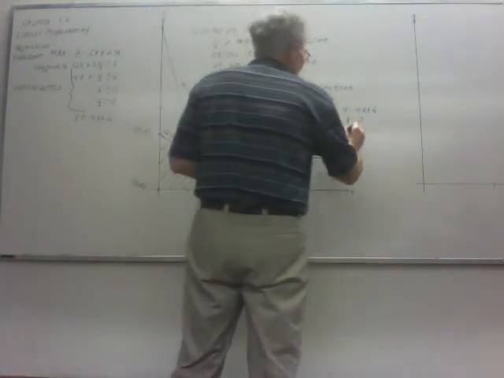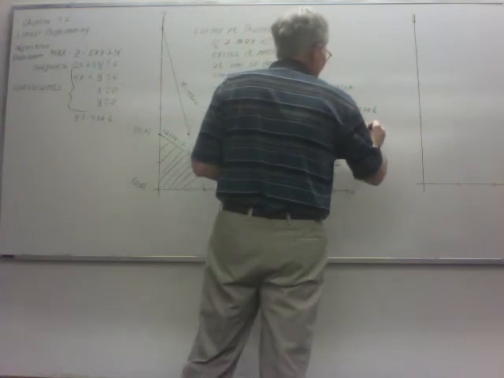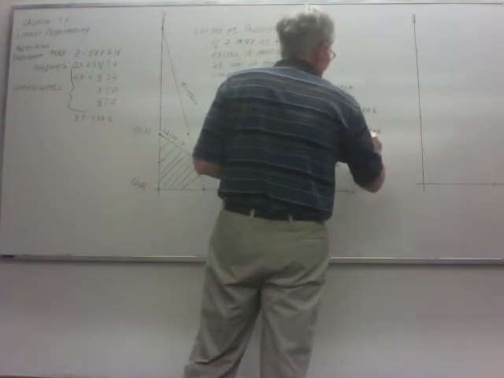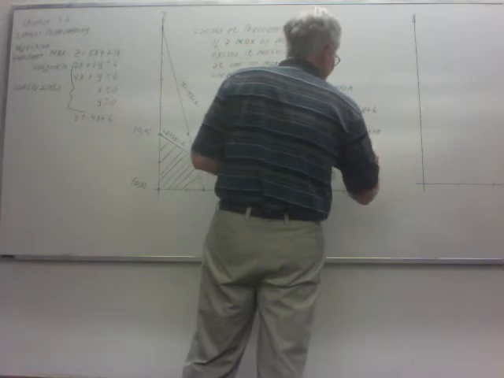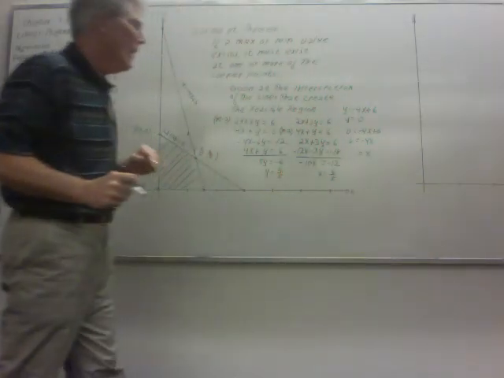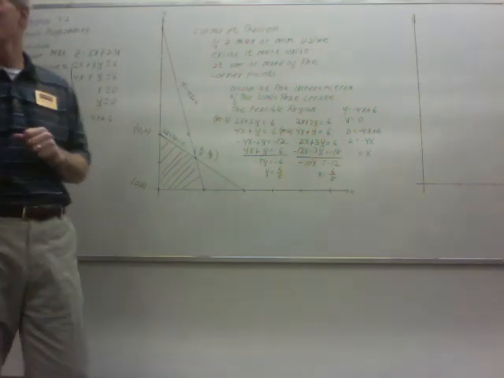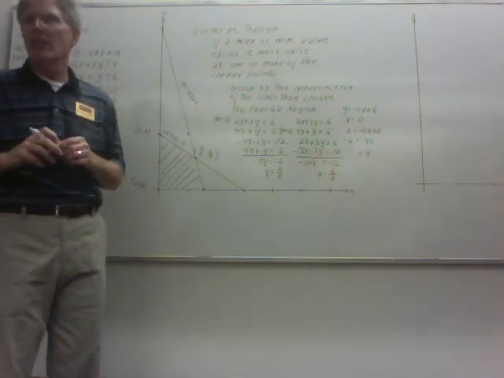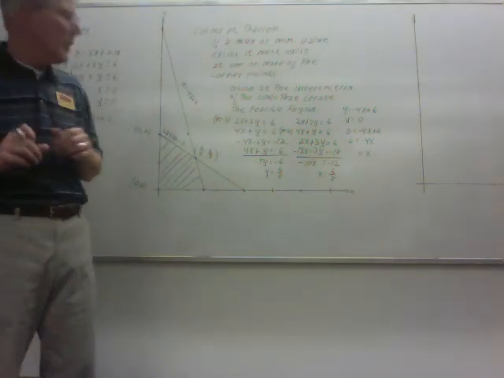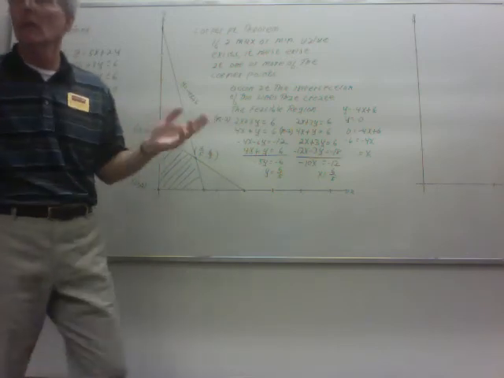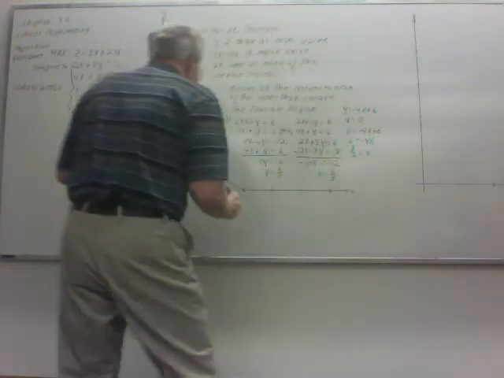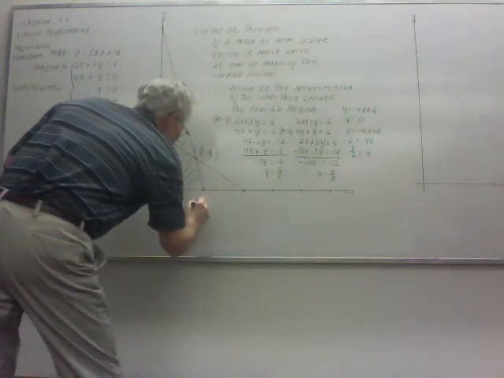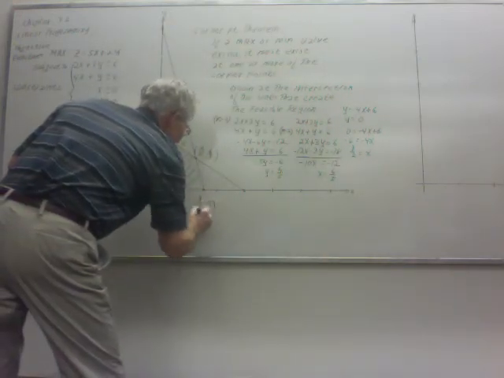So I've got 0 equals negative 4x plus 6. Negative 4x equals negative 6. X is going to be equal to negative 6 over negative 4, or 6/4. Turns out to be 3/2. So this corner point right here is 3/2, 0.